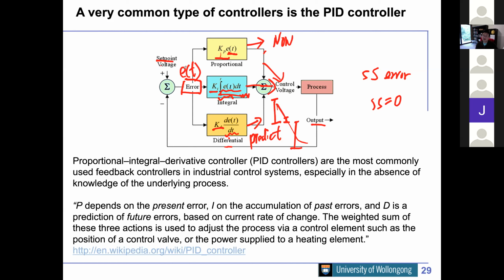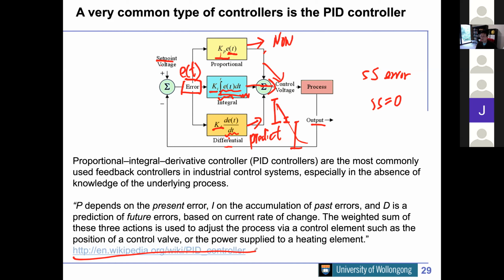But in most, or in many cases, KP and KI are enough. You don't need a KD. In some situations, you put in a KD and make things worse. It depends on the ratio of KI, KP, KD. If you just Google PID control, there's a Wikipedia link where you can learn a little bit more detail. But intuitively, KP is doing control based on the current situation.